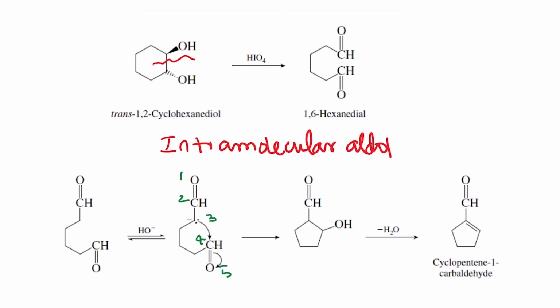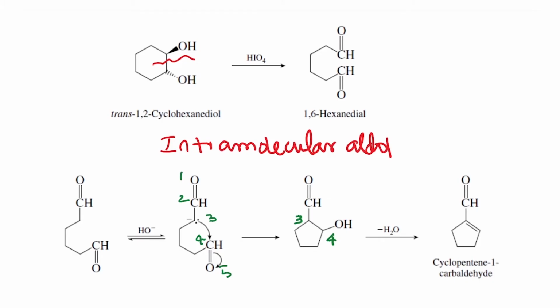This is the numbering that we followed in the previous aldol examples. There is a bond between carbon 3 and carbon 4. And just to understand the size of the ring, you'll have 1, 2, 3, 4, 5, so you form a 5-membered ring over here, and then the rest of the chemistry is the same.